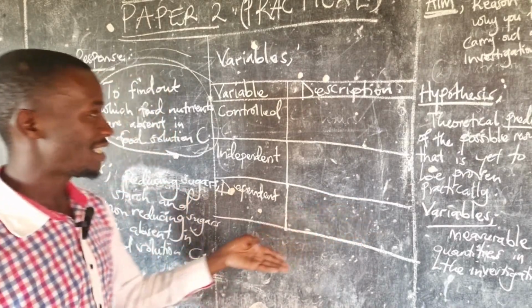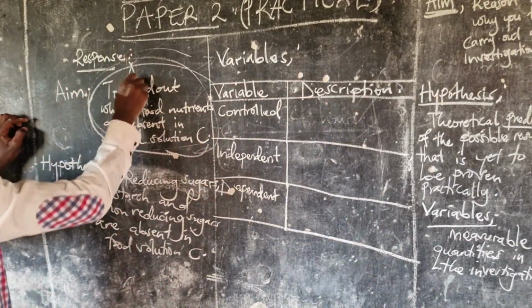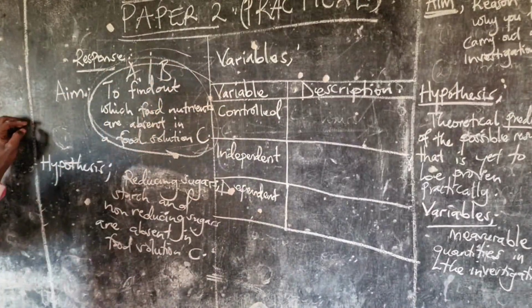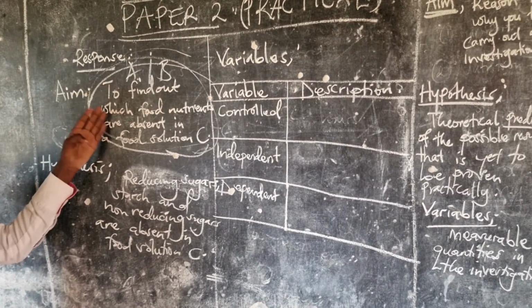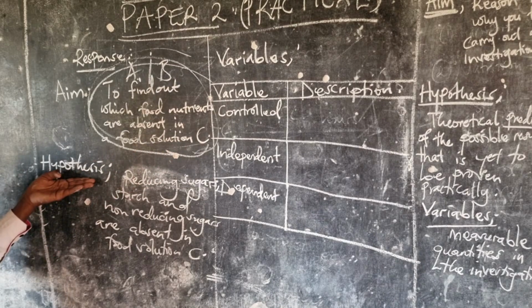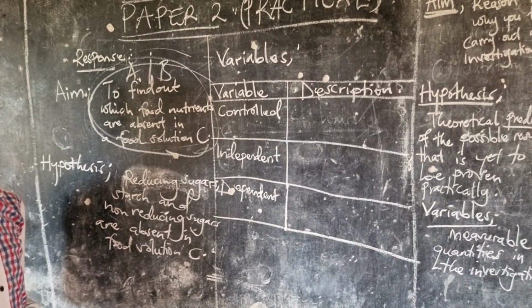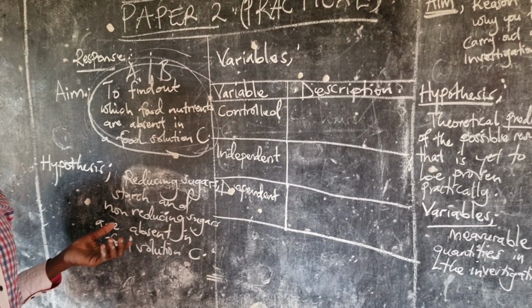Let me think I've made it clear. If my aim was to know which of teams A and B is stronger, that is to find out which of the teams A and B is stronger, my hypothesis, I may say, team A is stronger than team B, because it is just a prediction.